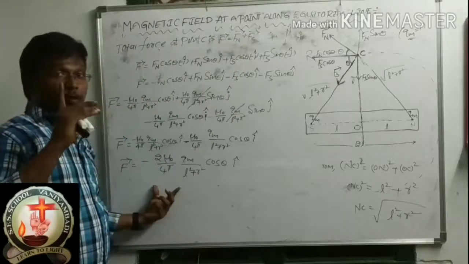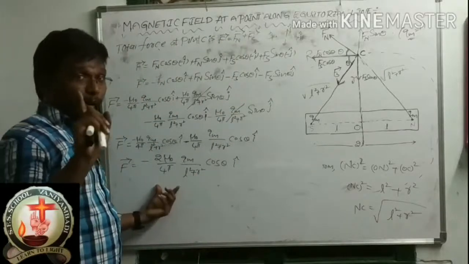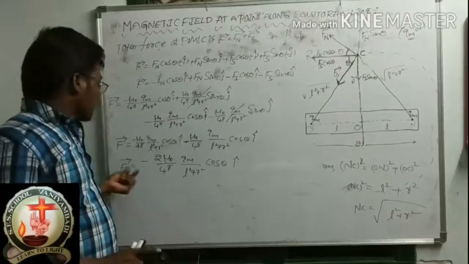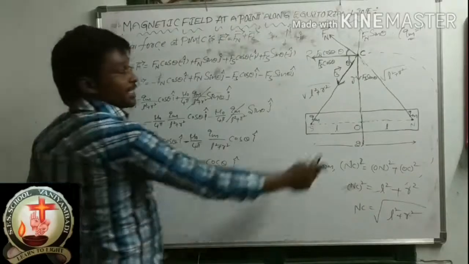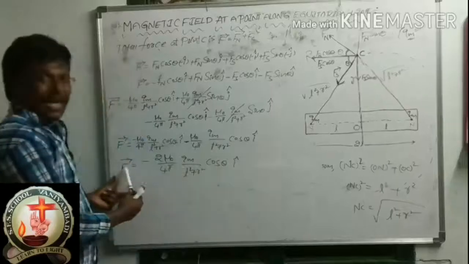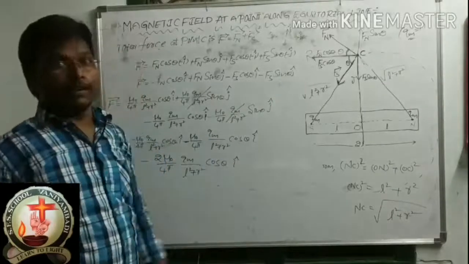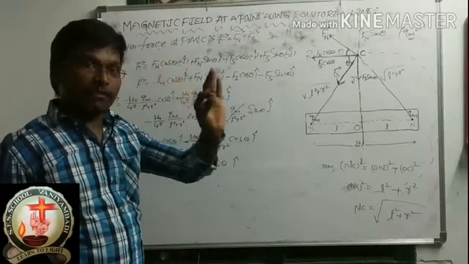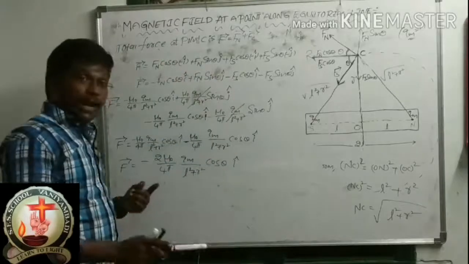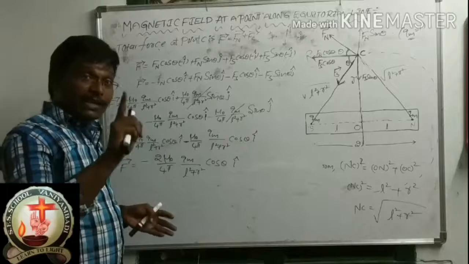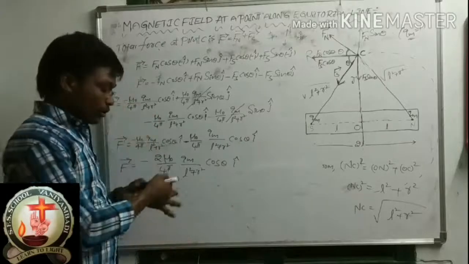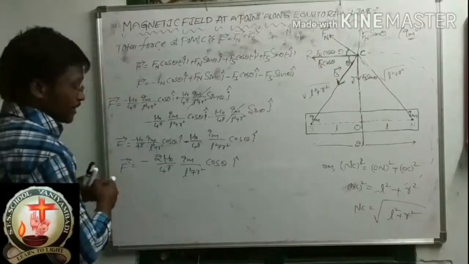But here one important point I am going to tell you now. Remember carefully. The total force acting at point C is nothing but a magnetic field. Otherwise, the total force acting at a point is always equal to magnetic field. I am going to write here. Please remember this step. It's a fixed step.